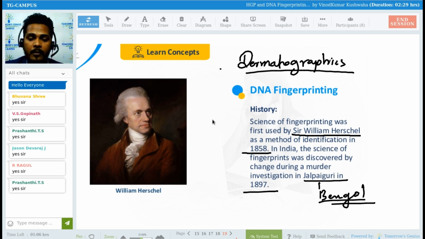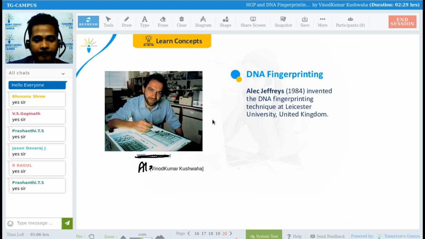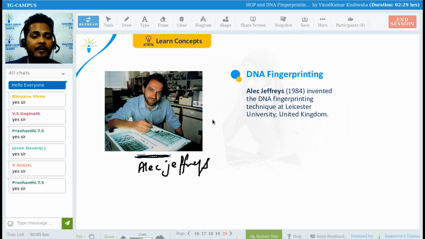The name of the scientist is Alec Jeffrey. This is a slight mistake, this is not William Herschel, this is Alec Jeffrey. Sir Alec Jeffrey in the year 1984 invented the DNA fingerprinting technique. That means the technique was invented by Alec Jeffrey.